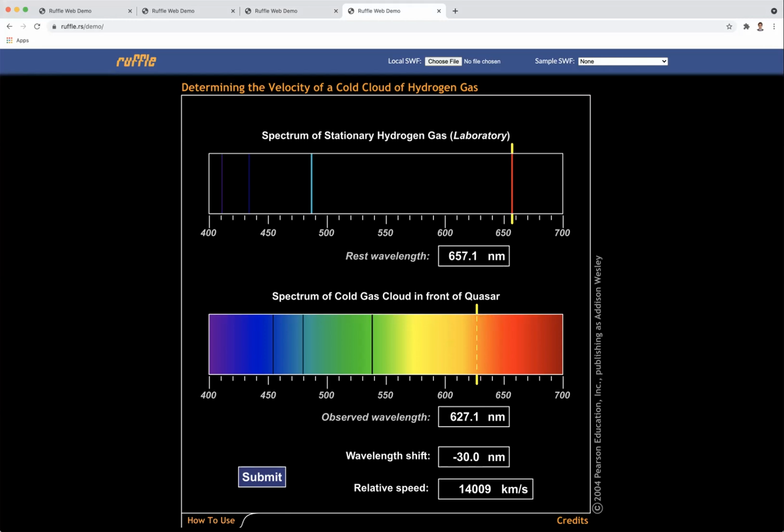Let's say that the line in the stationary case is being seen here. The shift in the wavelength is negative, so it means it's going to blue, and it also has a relative velocity of this much. So you can really play with these and make yourself familiar with the concept of red shift and blue shift.